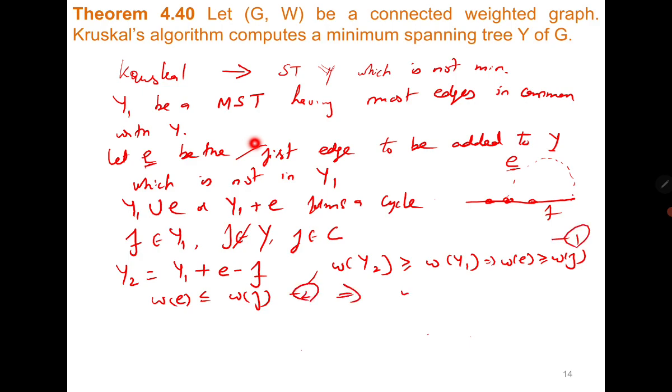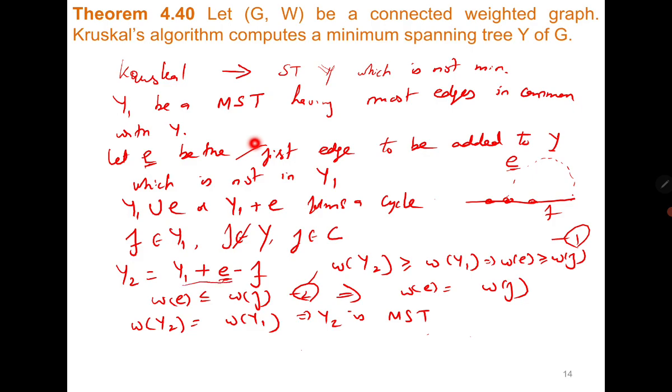From 1 and 2, I can get W of E is equal to W of F, which means that weight of Y2 should be equal to weight of Y1, which means Y2 is a minimum weight spanning tree. But at the same time, how did we obtain Y2? We add an edge to Y1 and delete an edge which is from Y1.